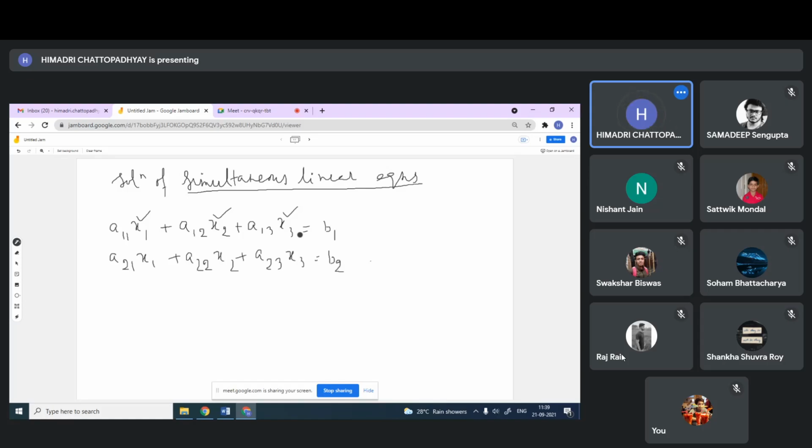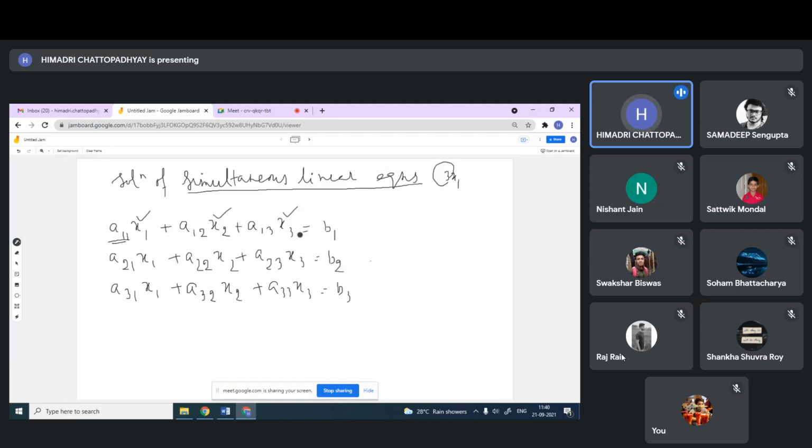So the coefficient of the equation, for example, say 3x1, this 3 corresponds to this a11. So you are generalizing it. And similarly, third row, first column of the coefficient into x1, third row, second column into x2, third row, third column into x3 is equal to b3. So you know how to solve this. This kind of algebra is already known to you.